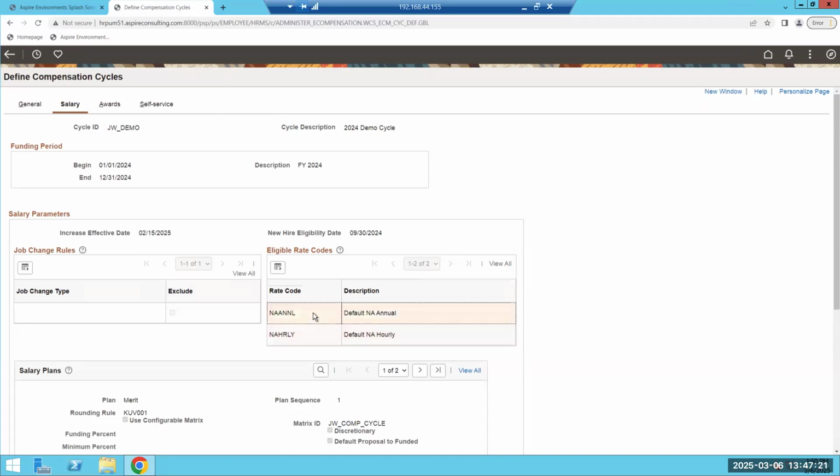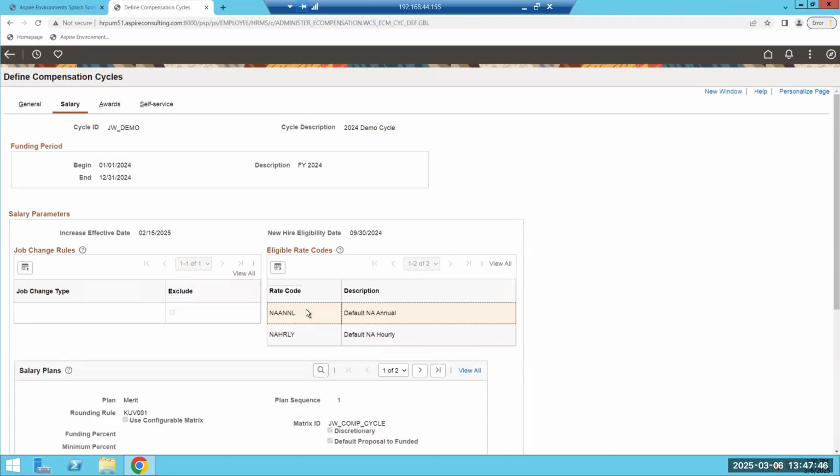The thing to be aware of is that if your population includes people who do not have one of the rate codes you list here, then it will prevent your compensation cycle from being built. When you go to run the build, it'll kick out an error message and stop the process.